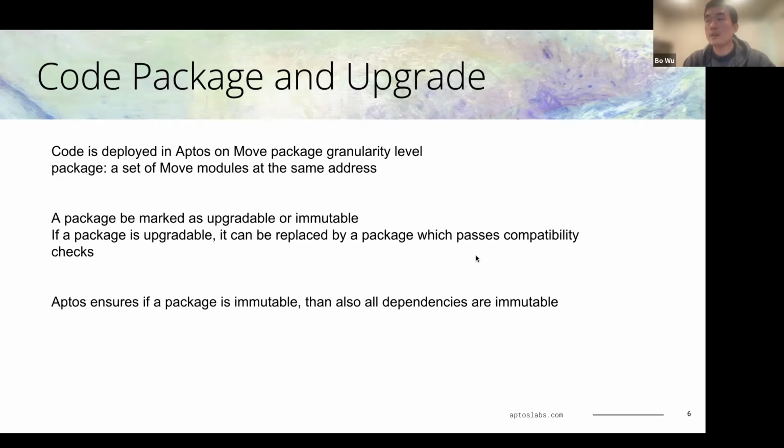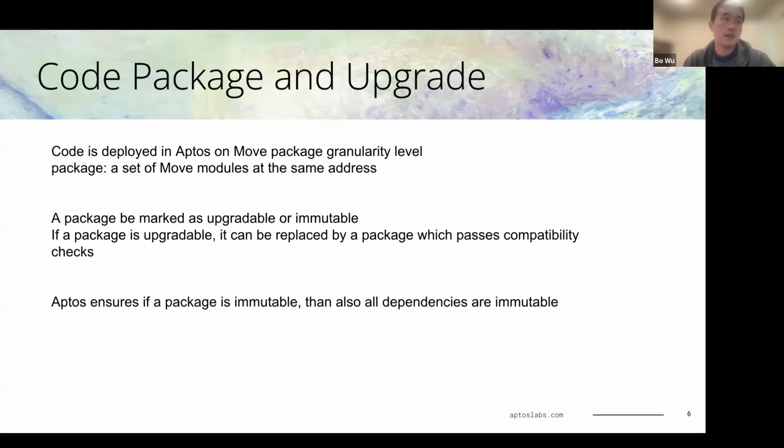We have a built-in compatibility check to help you verify that the new module is backward compatible with the previous module. This backward compatibility check allows you to add new functions and new structs, but you cannot modify the function signature of an existing function.